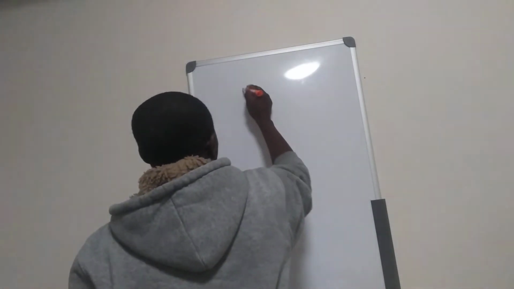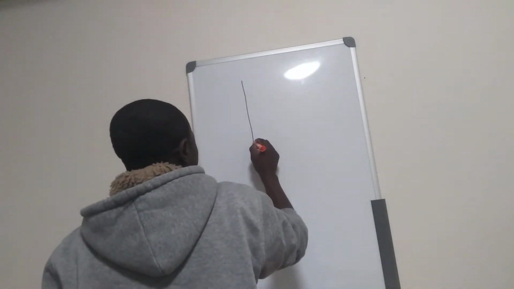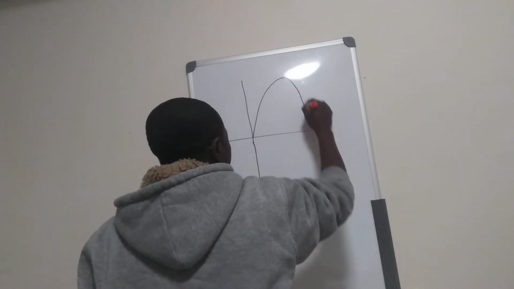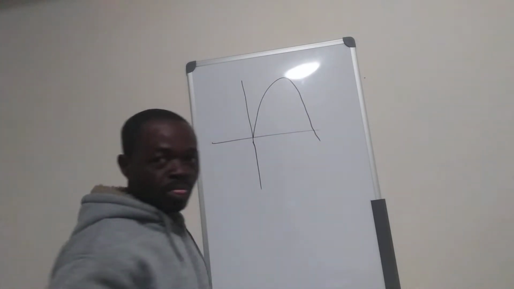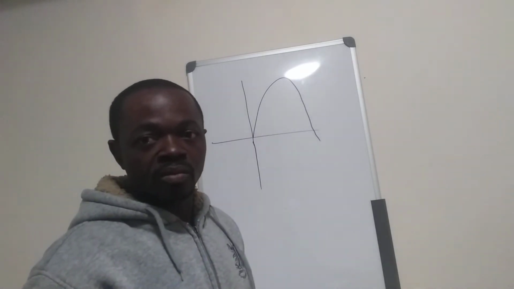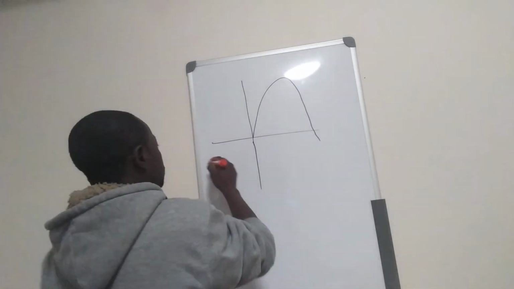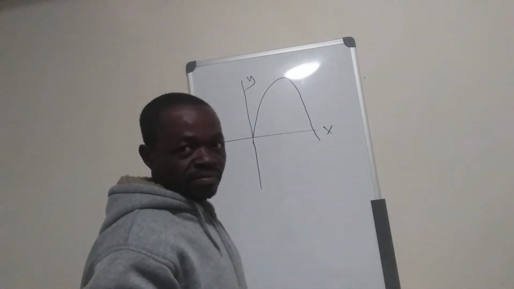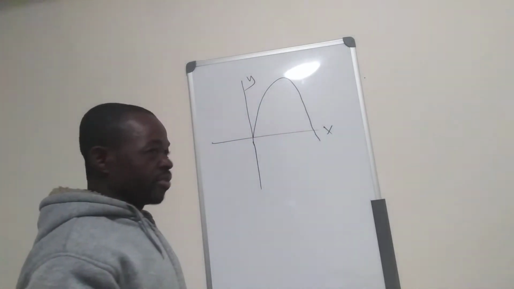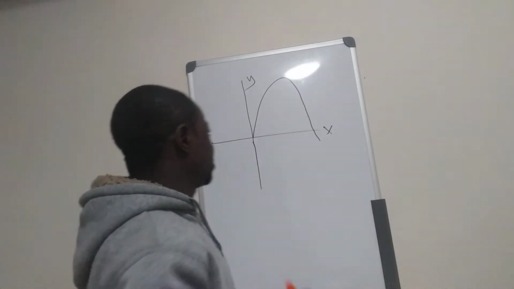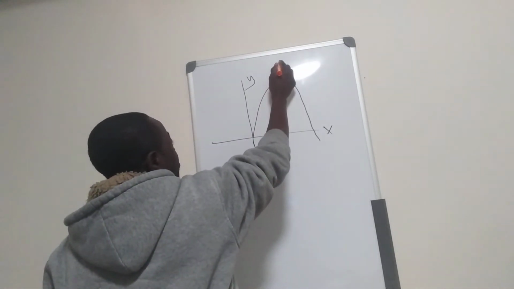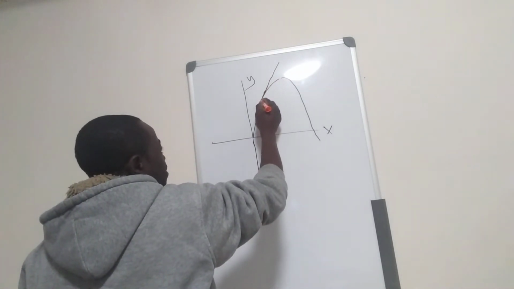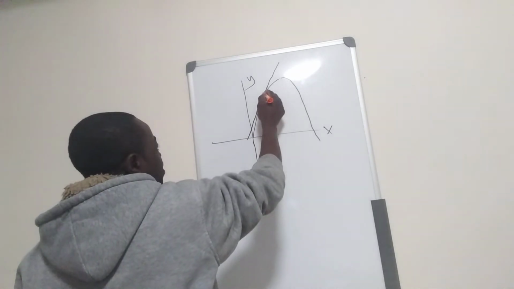Let's say I have a graph. Say I have a straight line, then I have a curve. Now, this is my x-axis and this is my y-axis. All right. Assuming there is a line which passes, the line is not all that straight.